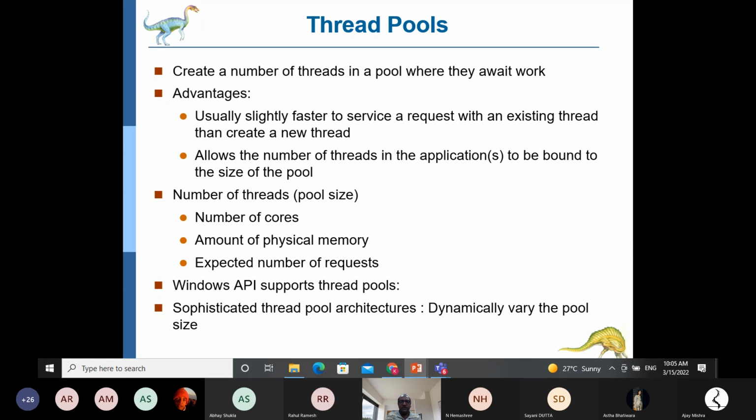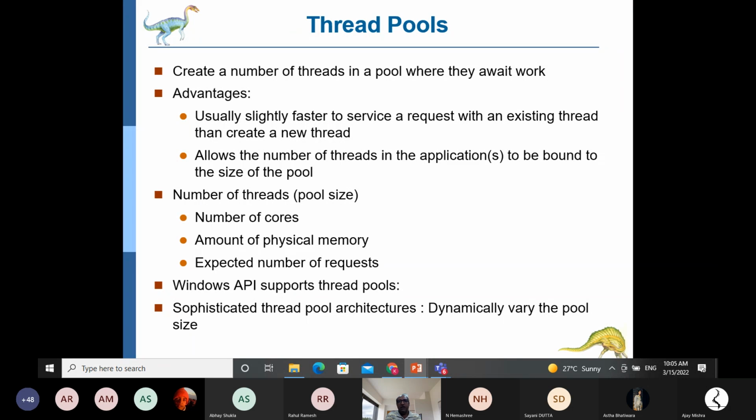Since there are lots of requests, the thread creation itself is a bit of overhead. That means the overall efficiency of the system will not be very good. Even though thread creation is simpler, meaning the time it requires to create a thread is very little compared to a process, as you have to create more threads, it is time consuming.